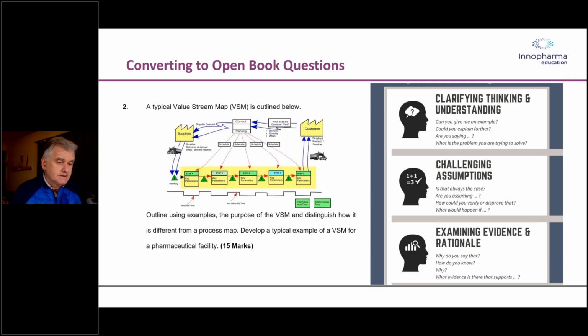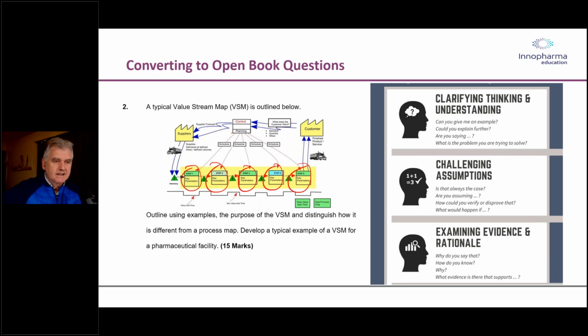This was actually quite an easy question, because I'm already showing you what the structure looks like. And then obviously I'm saying what's the difference, but I wouldn't ask that this time around. And develop a typical example of a value stream map in a pharmaceutical facility. All you're really doing here is editing this and putting in some of the key steps within a manufacturing facility.